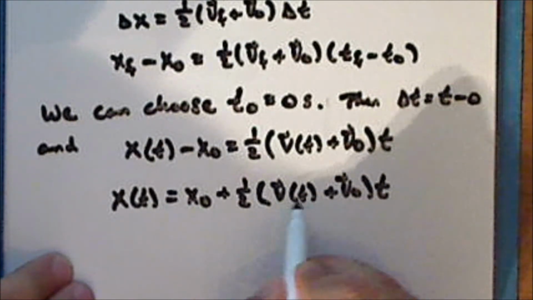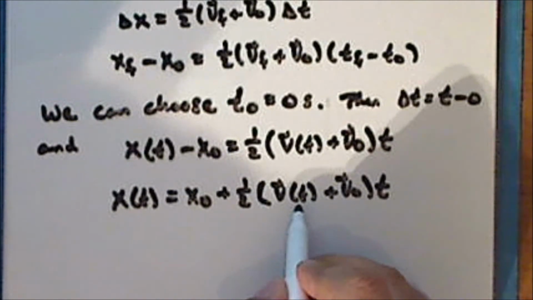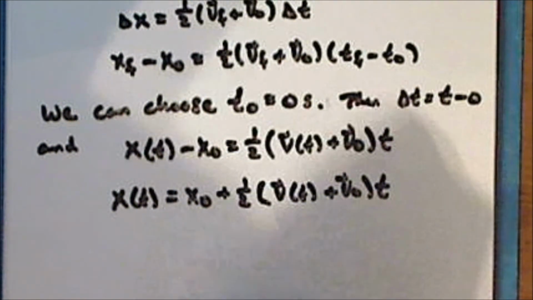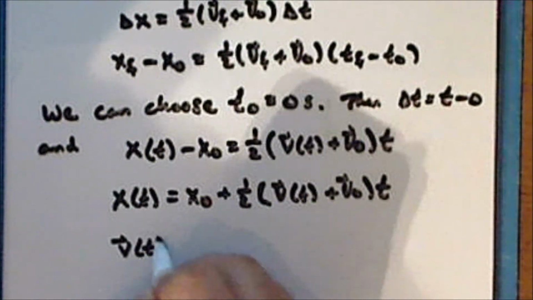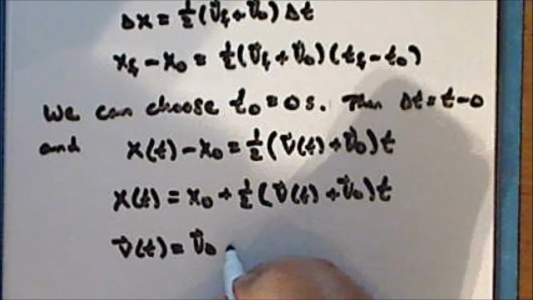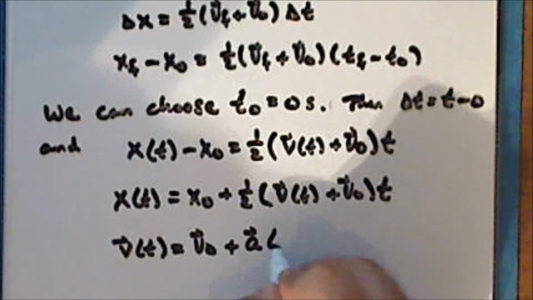Now we can eliminate the velocity at the time t by solving for this quantity in the first equation and replacing it in this equation. Recall that in the first equation we have that the velocity at the time t is equal to the initial velocity plus the constant acceleration times the time.